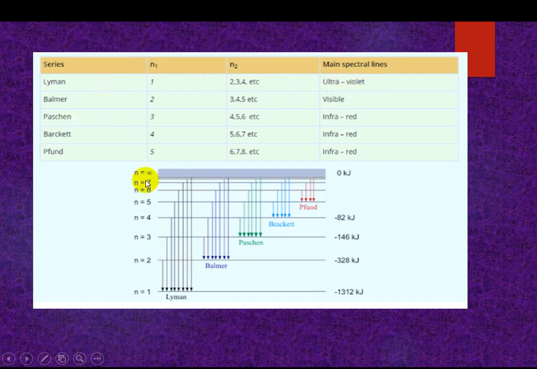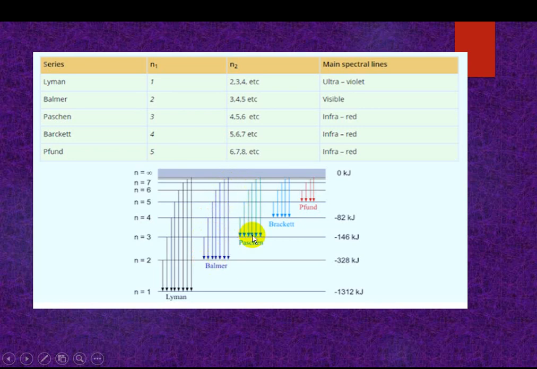If the electron transition occurs to n equal to 2, it is called the Balmer series. From 3, from 4, from 5, 6, 7, 8 to 2, n1 equal to 2: 3 to 2, 4 to 2, 5 to 2, 6 to 2, then it forms a series of lines called the Balmer series.